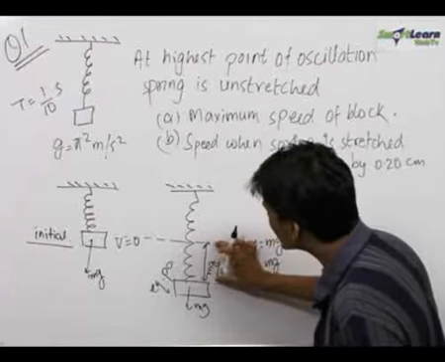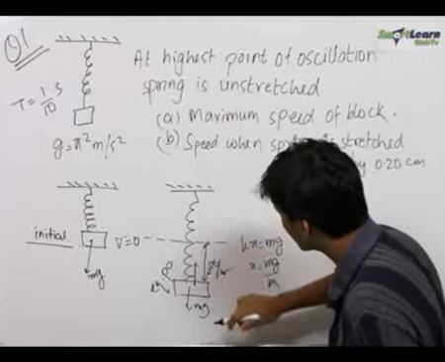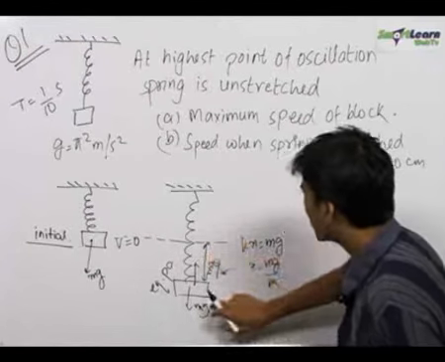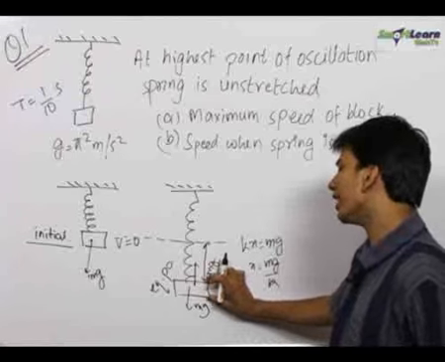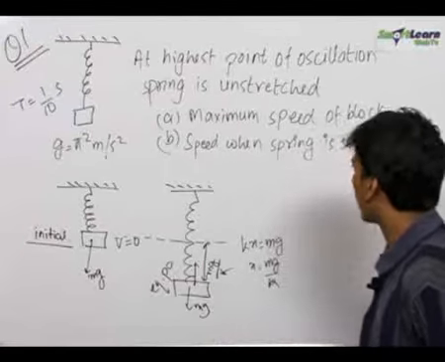So after coming mg by k distance downwards, the spring exerts a force equal to k into mg by k, that is equal to mg in the upward direction, which balances the mg, due to which the net force on this block becomes 0 and this becomes the equilibrium position of the block.